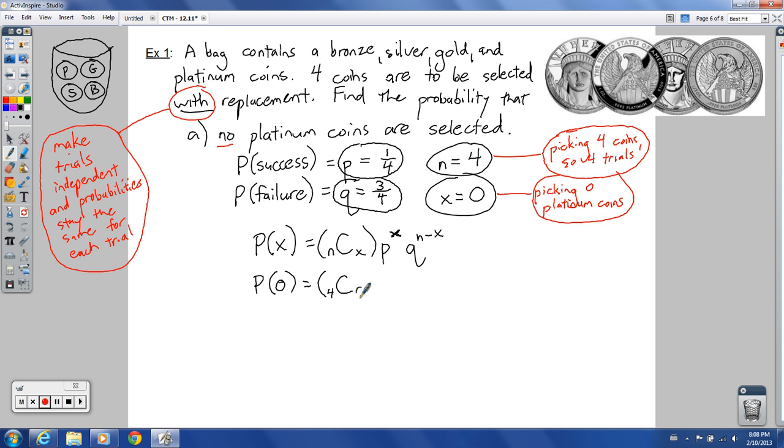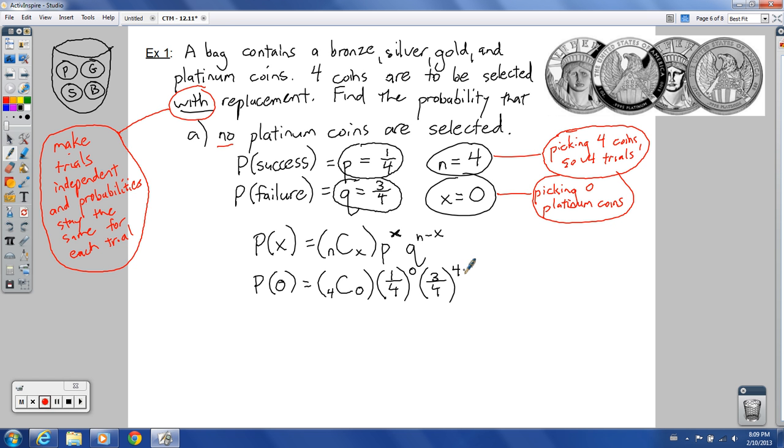I'm just taking my numbers right here and plugging them in. So C, n is 4, x is 0. So choosing 0 out of 4. And then p is going to be 1/4, so 1/4 to the x power, the 0 power, times 3/4 to the 4 minus 0 power.